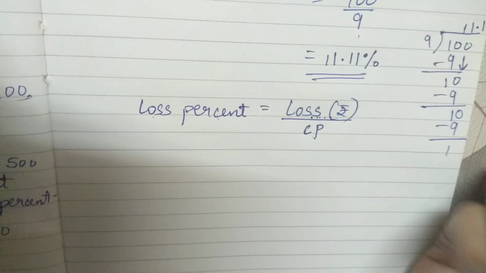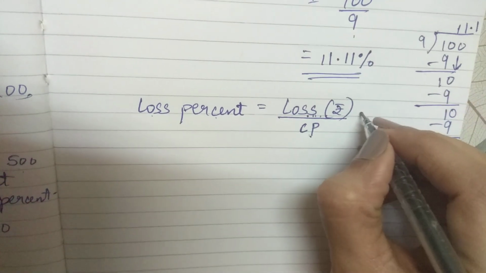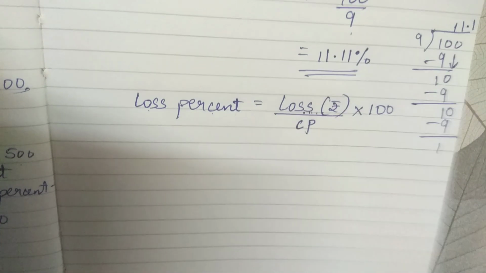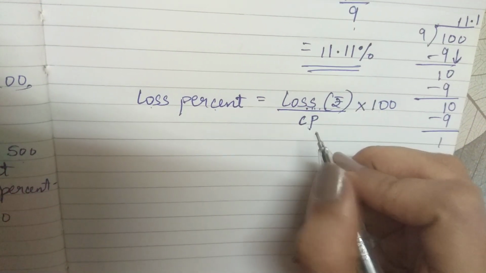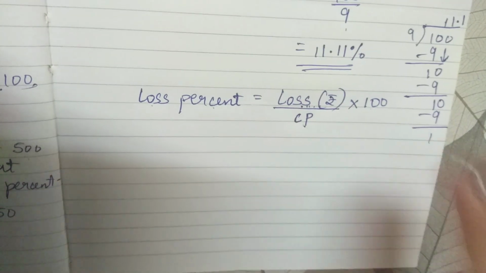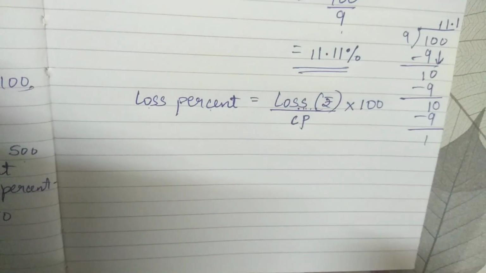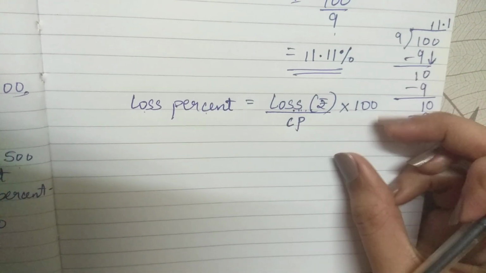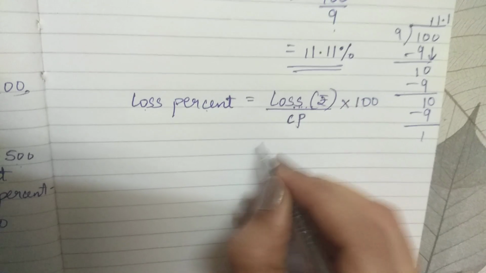That's why the denominator is always the cost price in this. Multiply by 100. Whenever we are finding the percentage, we multiply it by 100. Those who have confusion in this part about the percentage, why multiply by 100, I'll be explaining the percentage topic in short after this video.